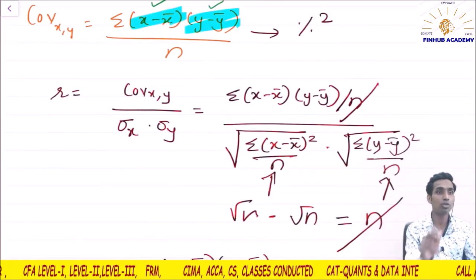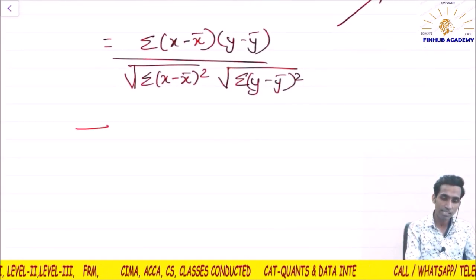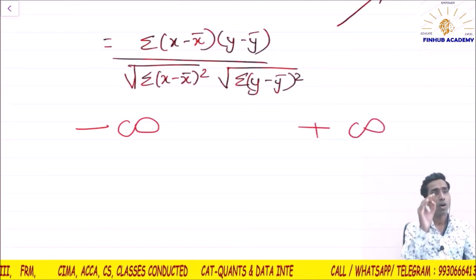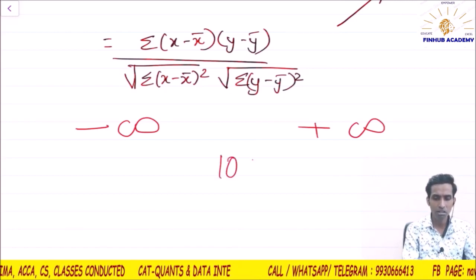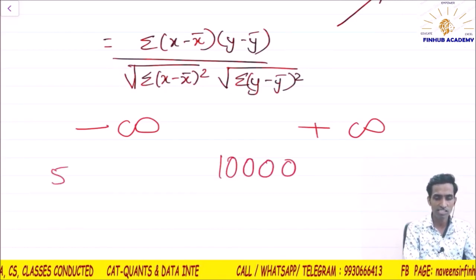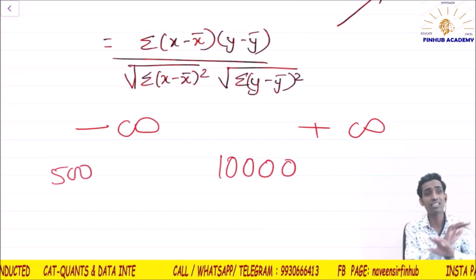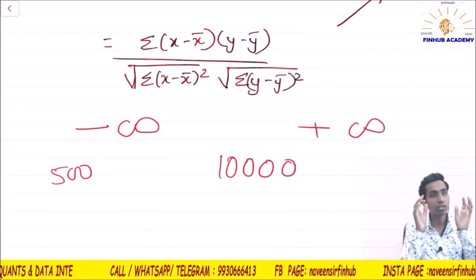Covariance is an absolute measure. What I mean by absolute measure is that its range is from minus infinity to plus infinity. Let's say you have calculated covariance and it is coming 10,000, and there is one more covariance which is 500. There is nothing it can say whether it is high relation or low relation. It has no definition, it is only an absolute measure.